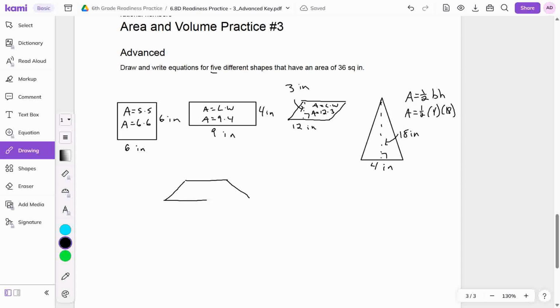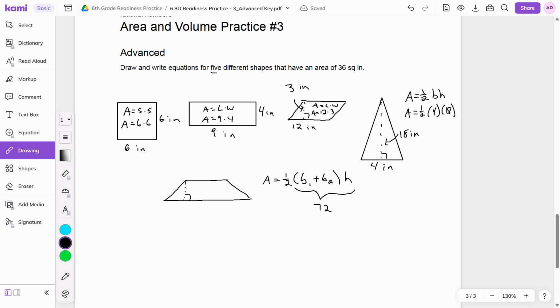So a trapezoid, remember, is the area equals, like a triangle, 1/2. You simply add the two bases. So same thing. I want my two bases added together with my height. This right here needs to equal 72 because I need to take half of that to get down to 36.